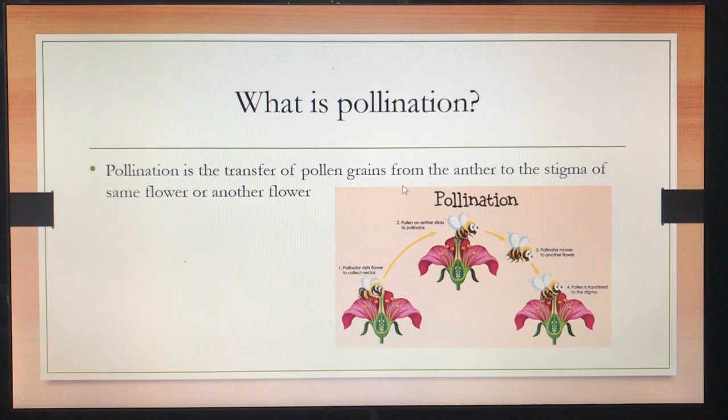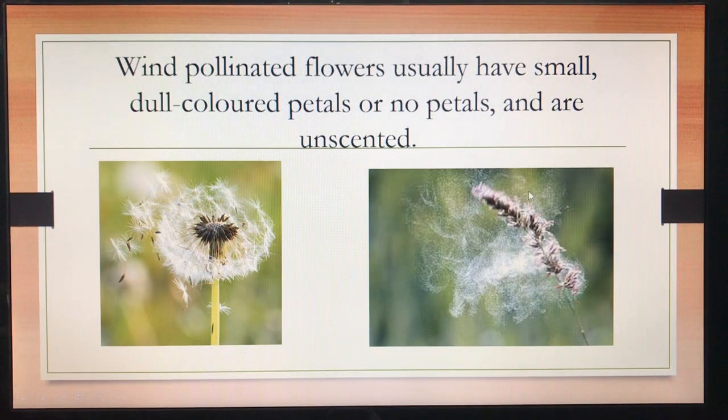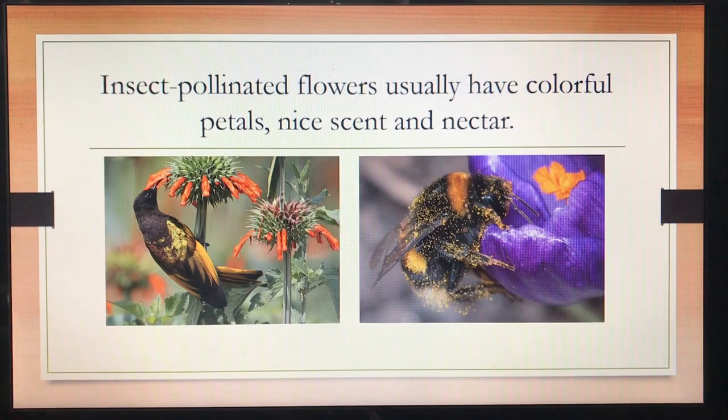So how do flowers pollinate? Flowers may be pollinated by wind or animal. As you can see in the picture here, wind pollinated flowers usually have small dull colored petals or no petals and are unscented.